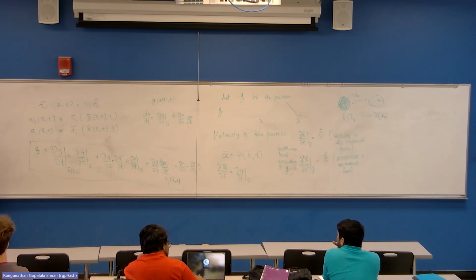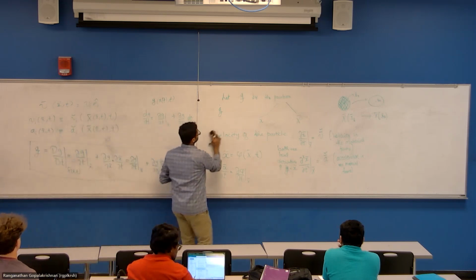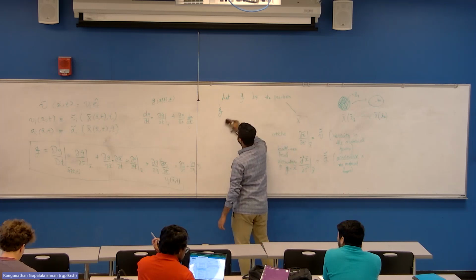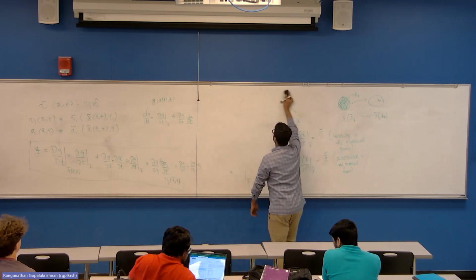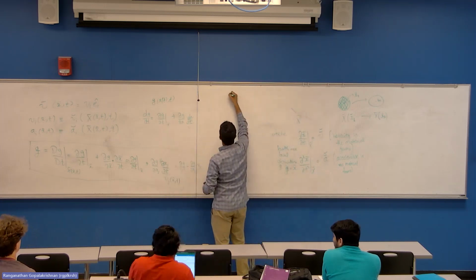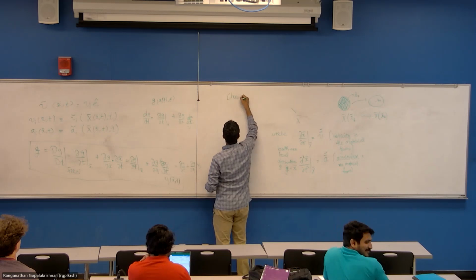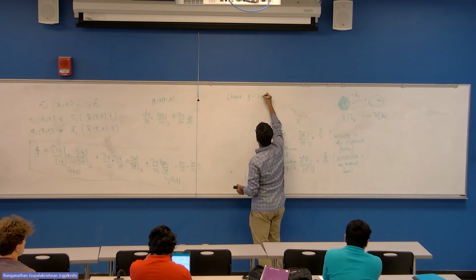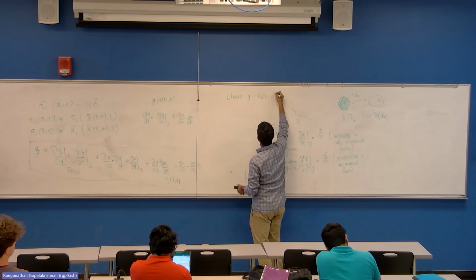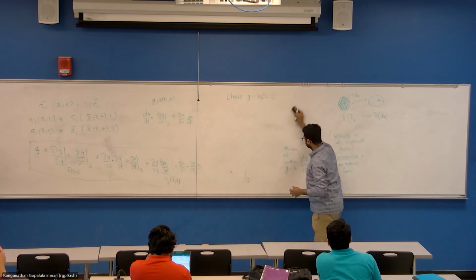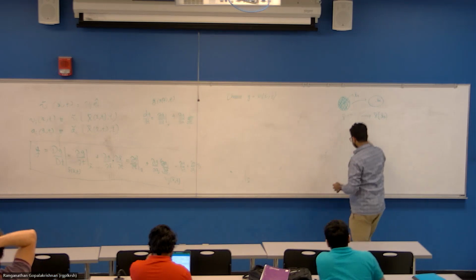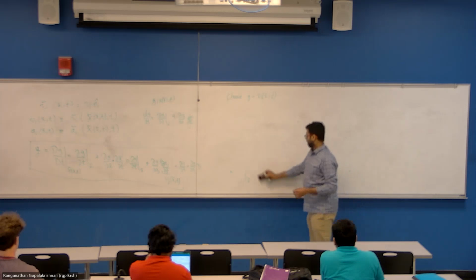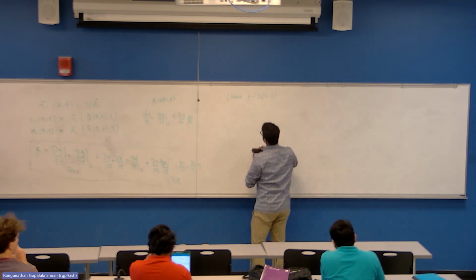So what I'm going to do, we wrote the expression for material derivative of G, right? Now we are going to choose G. So in this expression, we are going to choose G equal to Vi of x comma t.